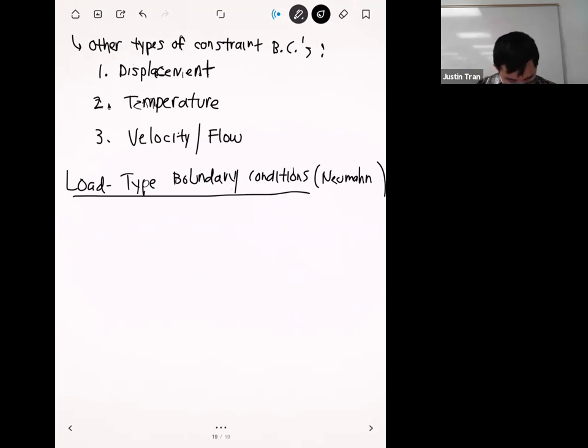Okay. All right. And so the way I define load type boundary conditions is that these kind of encompass everything else. And so all the other types of boundary conditions that you see in Ansys, they are load type boundary conditions to some degree. Okay.